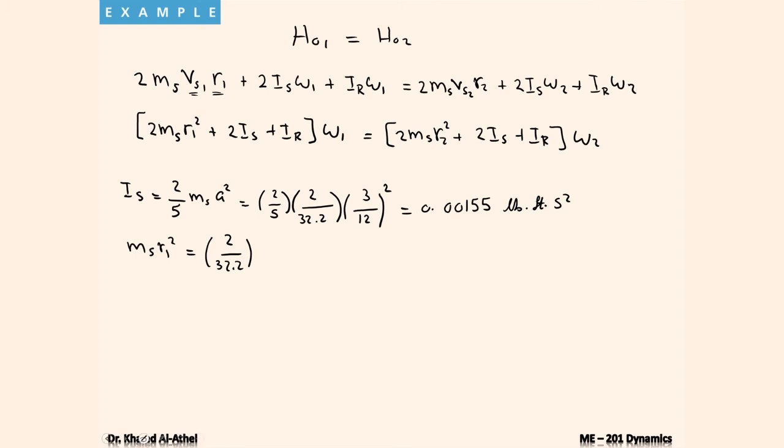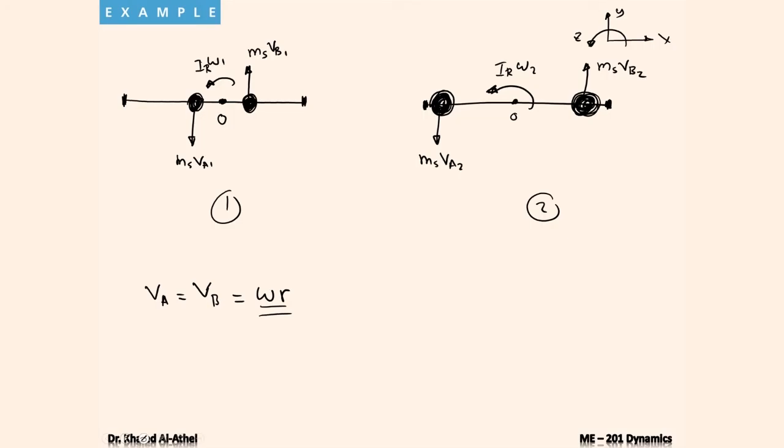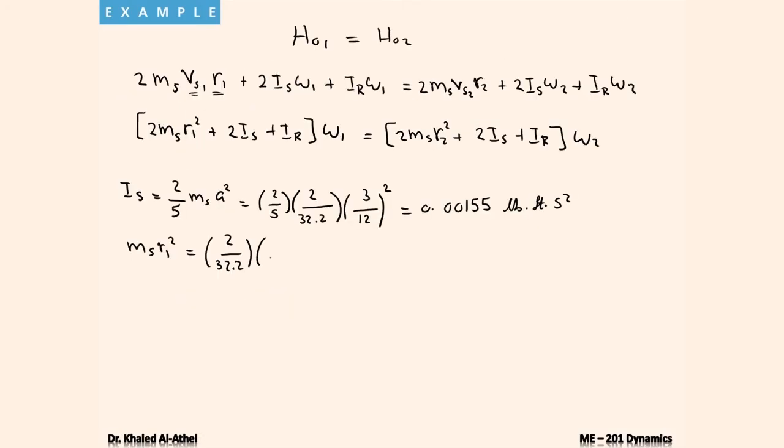R is basically the distance between the center of mass and the center of rotation. Here is the center of mass, here is the center of rotation. The distance is given as 5 inches. So it's going to be 5 again divided by 12 to make it feet, squared, and this equals 2.015.